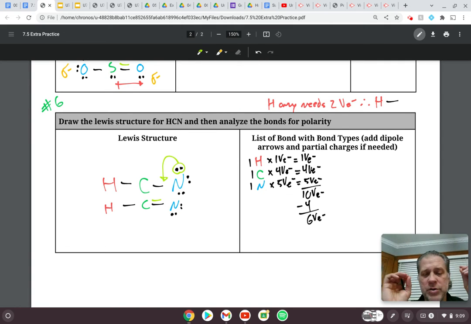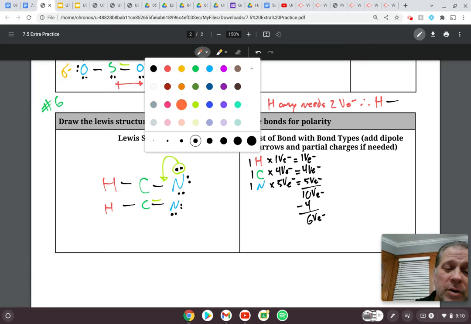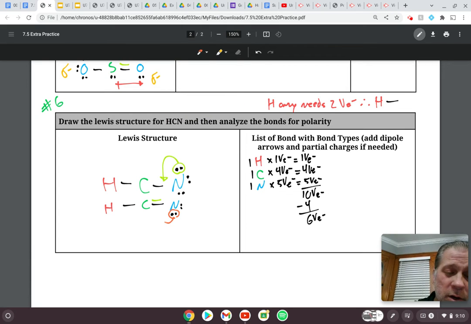So now nitrogen still has 8 valence electrons, 2 dashes, 4 dots. Carbon has 6 valence electrons with 3 dashes, and hydrogen has 2 valence electrons, which is what it wants. So hydrogen and nitrogen are satisfied, but carbon is not. So we're going to fix that by making a third multiple bond, and we're going to do that by taking those electrons from nitrogen and making a bond there.